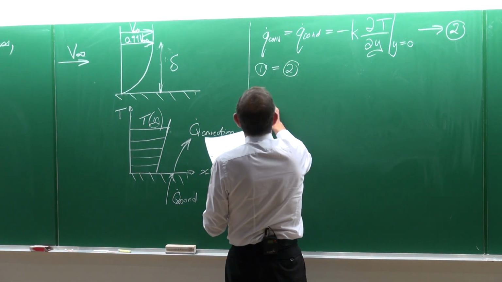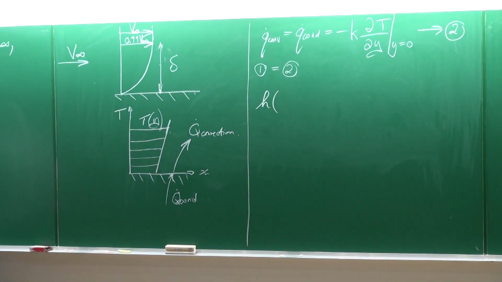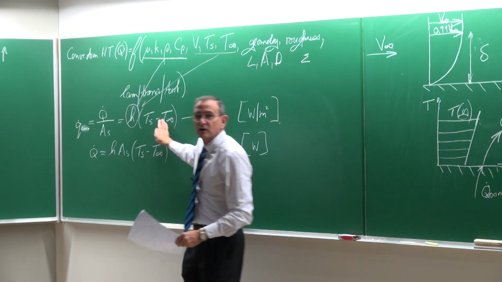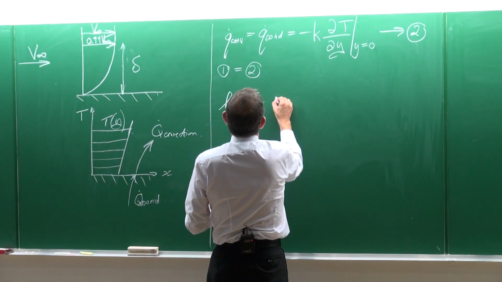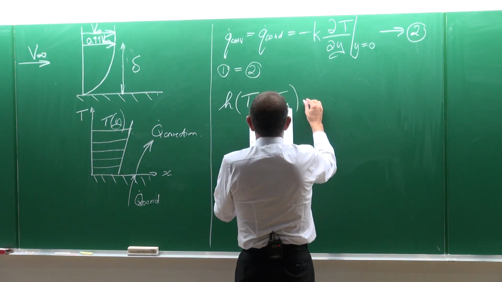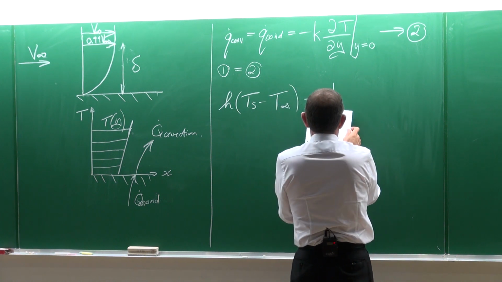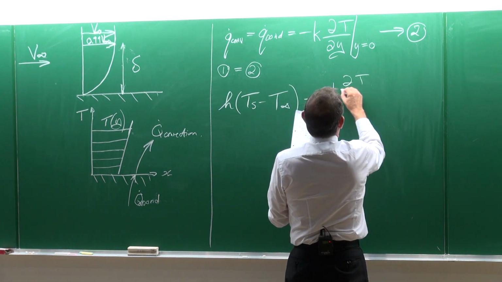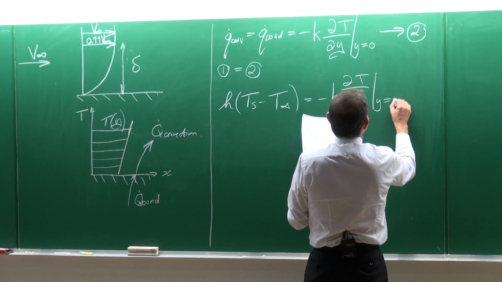And the result will be that we can say that in terms of the heat flux is equal to a heat transfer coefficient multiplied by temperature difference is equal to minus K dT/dy, where y is equal to 0.